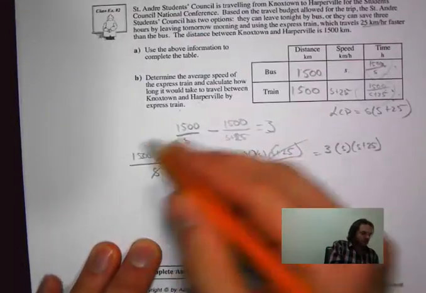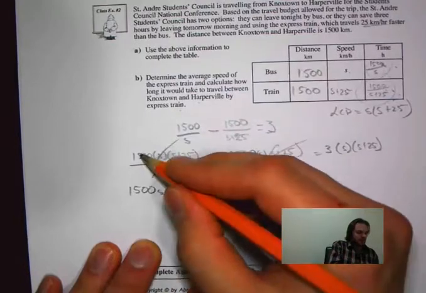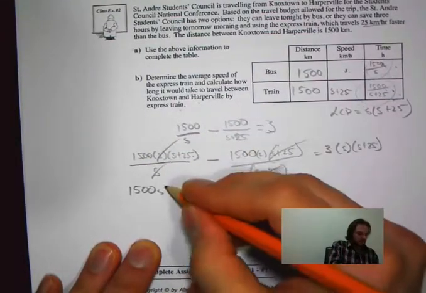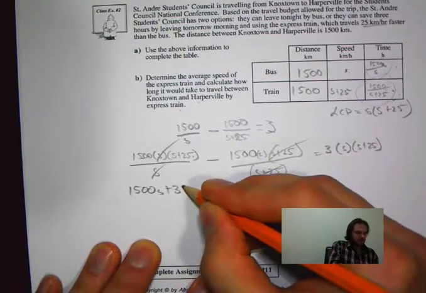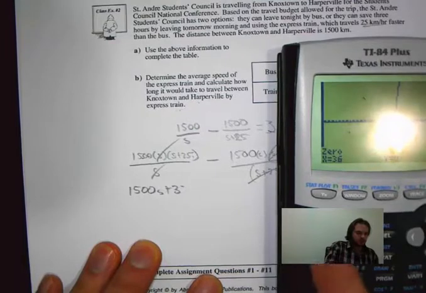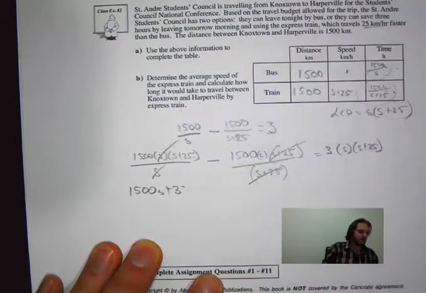So 1,500 times S is 1500S. And then that times 25 is going to give me plus 3750. I'm just going to double check. 1500 multiplied by 25, yeah, 3750.